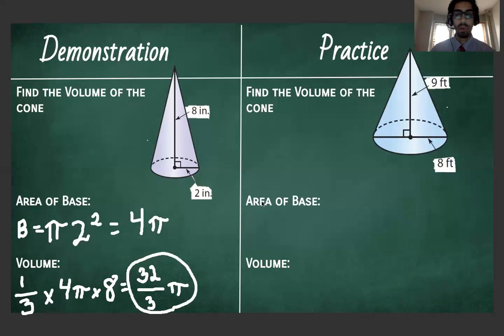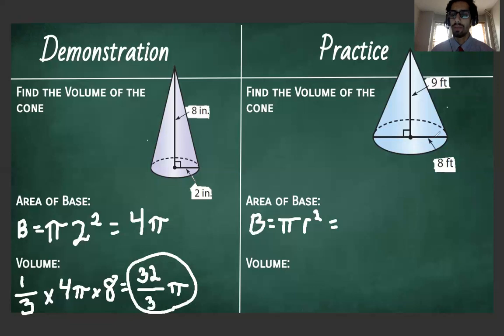So for those of us who are back with me, we have a cone that looks really similar to what we've been given before, right? To find the volume, we got to start by finding the base, or the area of the base, so let's start doing that. The area of the base is going to be pi times r squared, right? Let's look at what they give me. They give me this number over here, 8.